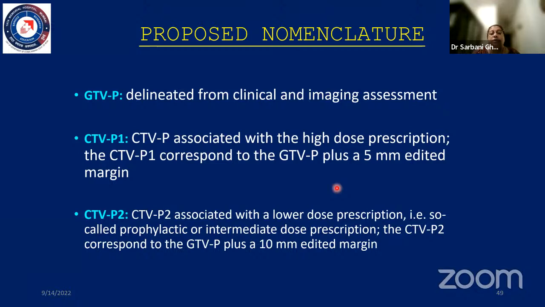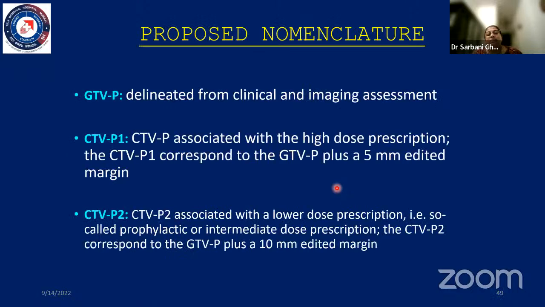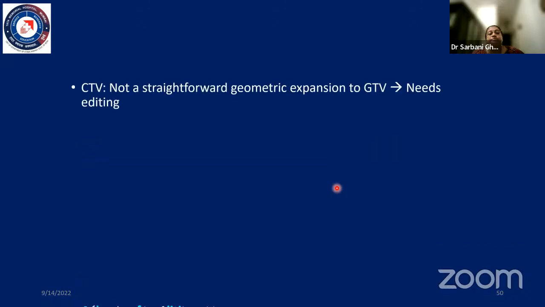Then the CTVP1 is the CTV associated with the high dose prescription, and it is a 5 millimeter margin edited around the GTVP. The CTVP2 is associated with a lower dose prescription, the so-called prophylactic or intermediate dose prescription, and this should correspond to the GTVP plus a 10 millimeter edited margin.